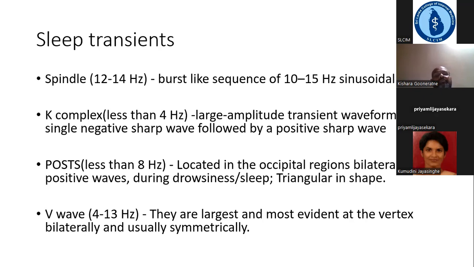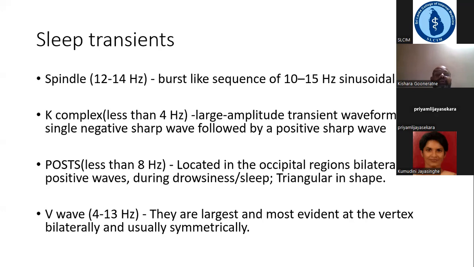These spindles can at times be accompanied by what we call K complexes, which are waveforms of less than 4 Hertz. They're large amplitude transient waveforms, which have a single negative sharp wave. Negative sharp wave means an upward deflection, and positive sharp wave means a downward deflection.